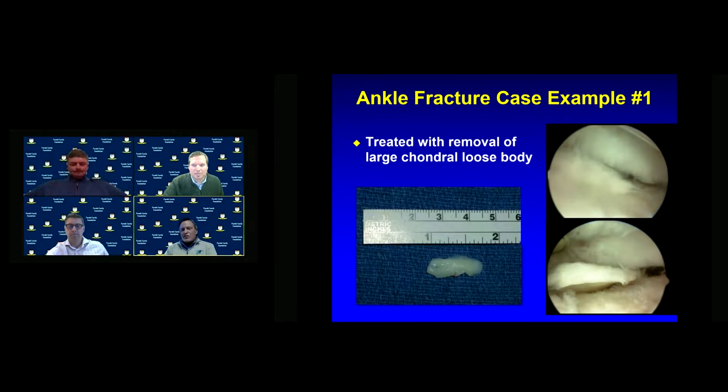And so that's one of the points that I thought we should bring out: articular cartilage injuries are common in both fractures as well as syndesmosis injuries. However you do it, whether it's direct visualization or arthroscopic visualization, it's really important to confirm that you don't have a bad cartilage injury in the weight-bearing part of the joint.